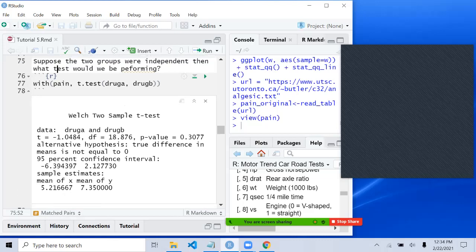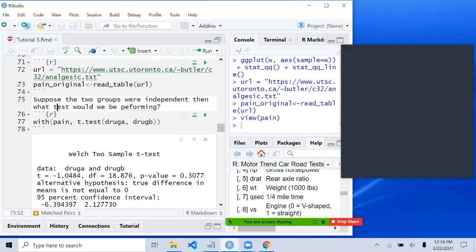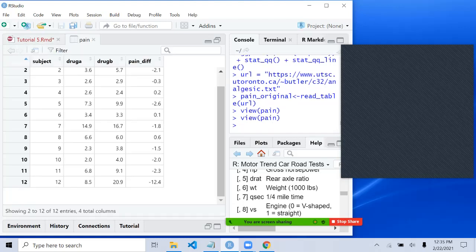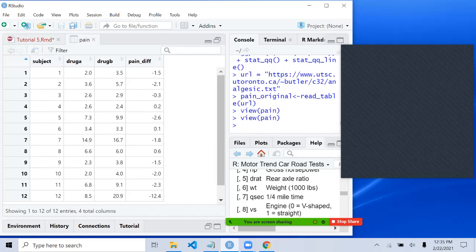Okay, let's see. So let's pretend, for instance, that, let's fix this typo here first. And let's pretend that the 2 groups are actually independent. I'm saying let's pretend because if you actually look at this, you would notice that it's not. Does anyone know why?